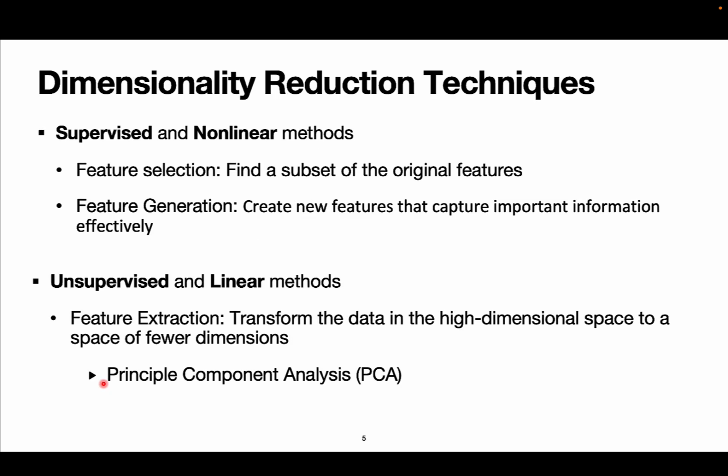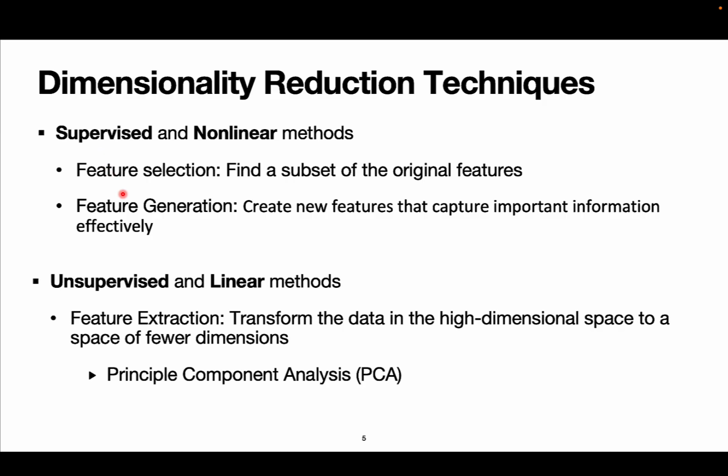There are two approaches for dimensionality reduction. Supervised and nonlinear techniques require intervention from the user, or the data has labels or guidance. And under the supervised and nonlinear approach, we discuss two subcategories.